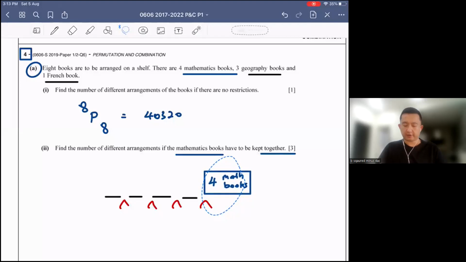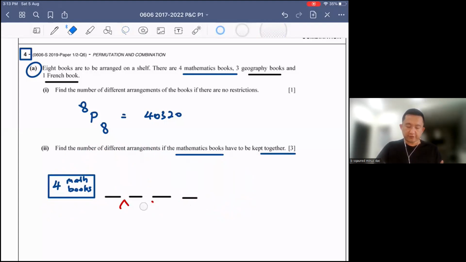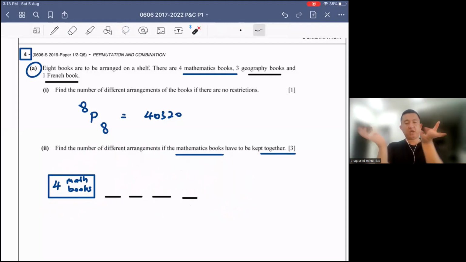Am I right? It could be anywhere. So think about it. If it can be arranged anyhow, first, second, third, fourth, and fifth slot, these 5 entities, 1, 2, 3, 4, 5, these 5 entities can be swapped anyhow they want. If they can be swapped, basically this is what?